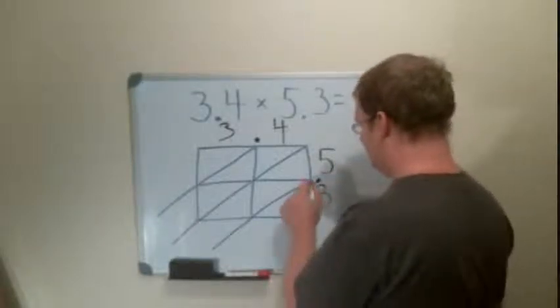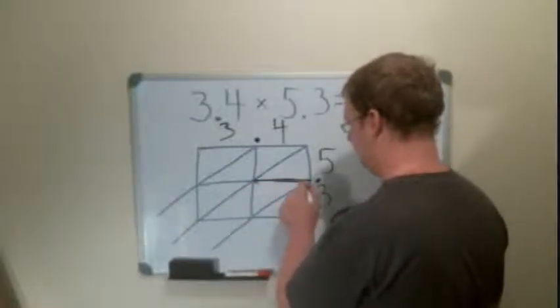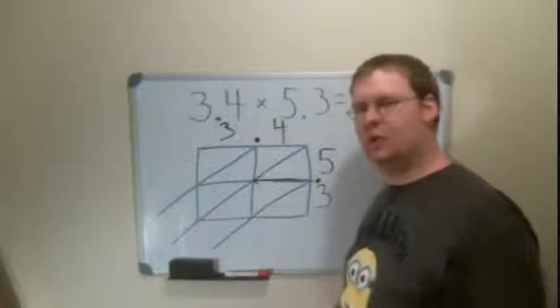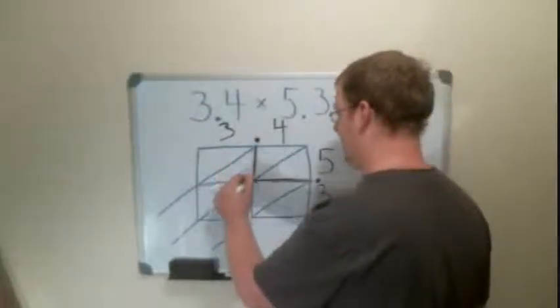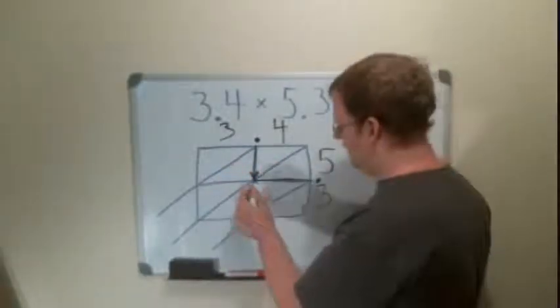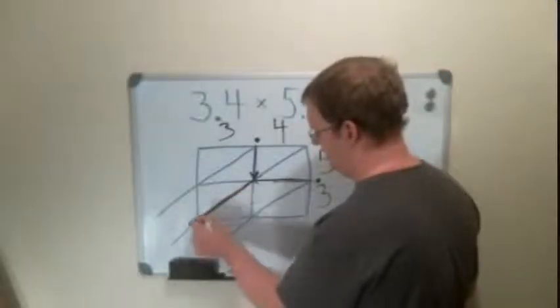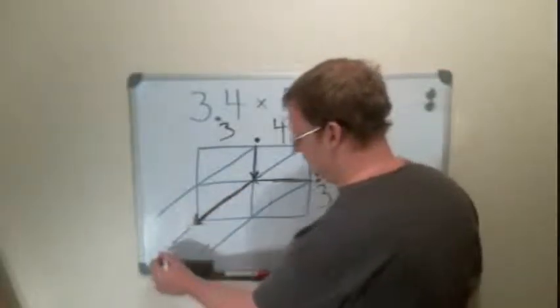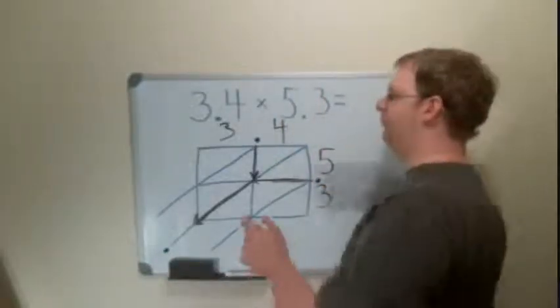So we bring our first decimal. You can do this with either decimal you want first. We could have started from the top, we could have started from the side, it doesn't matter. Either way, the decimals meet there, and then they follow this line down. And so our decimal is going to end up down here in the bottom corner. Pretty simple stuff, right?